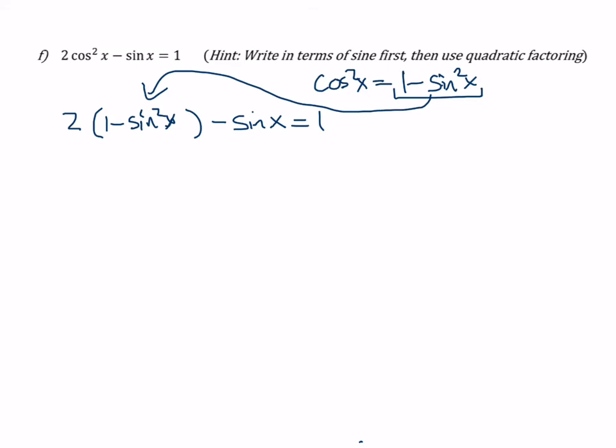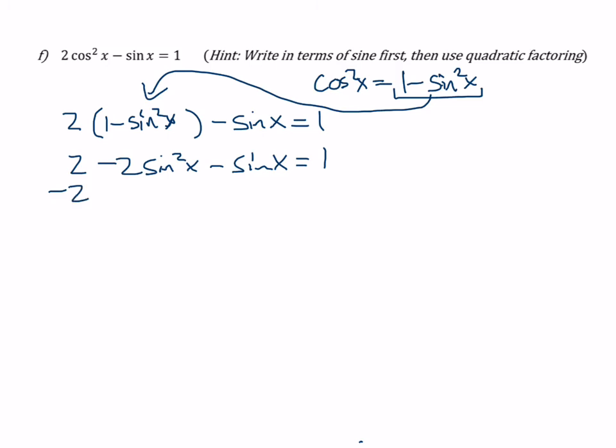All right, so let's clean that up, distributing the 2. 2 minus 2 sine squared x minus sine x equals 1. Now we need to use some quadratic factoring. This is a quadratic equation. So let's set it equal to 0 in order to use our techniques for quadratic equations.